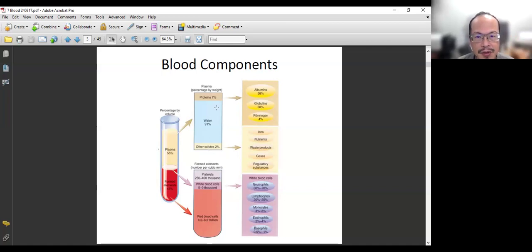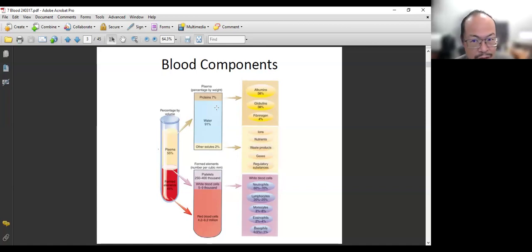And in the protein, you need to know the leading, most abundant plasma proteins. Those are in the blood, but they are not in the blood cells. They are in the plasma, in the fluid. The number one, the most common one, is called albumin.